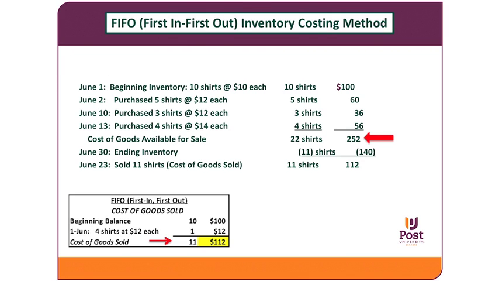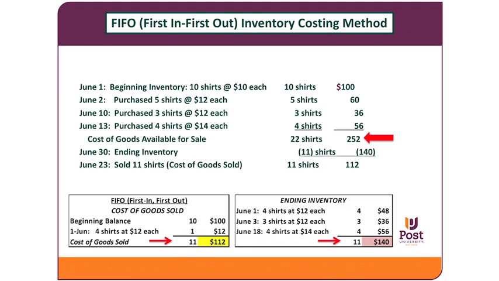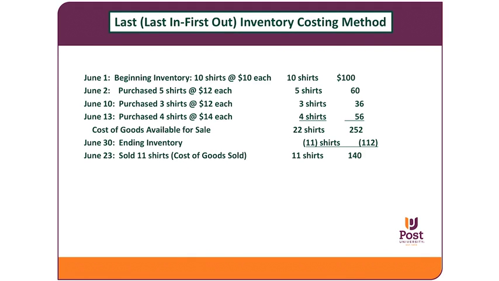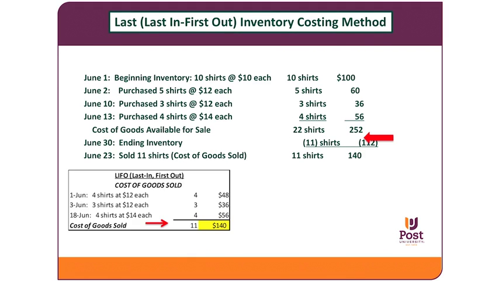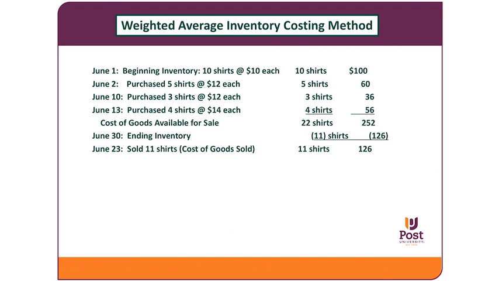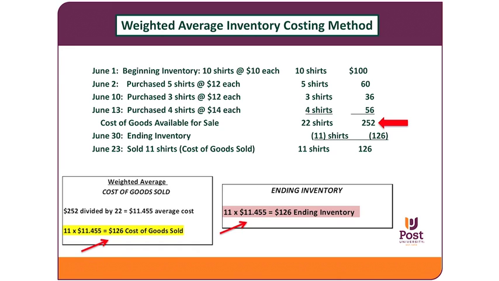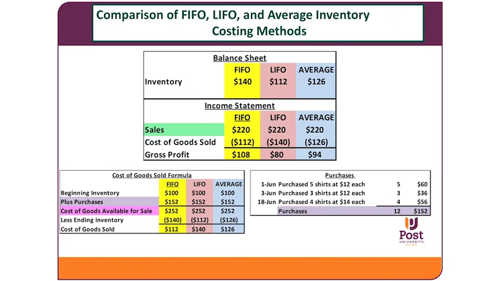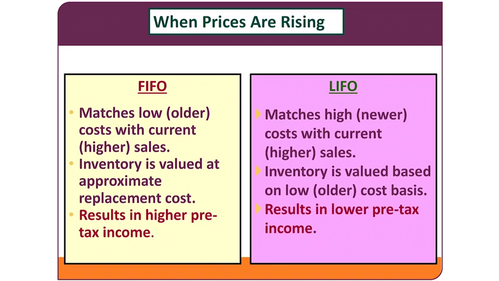Therefore, we have 11 left. On the next 5 slides, we will show computing inventory valuation using the first in, first out (FIFO), last in, first out (LIFO), and average cost methods with a periodic inventory system.